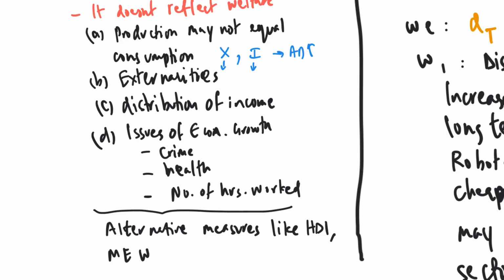And that's why what we probably need are what we call alternative measures to GDP like HDI and MEW. You can talk about HDI as a measure that looks into real GDP per capita, purchasing power parity adjusted, educational attainment, and the third would be your health standards through life expectancy.